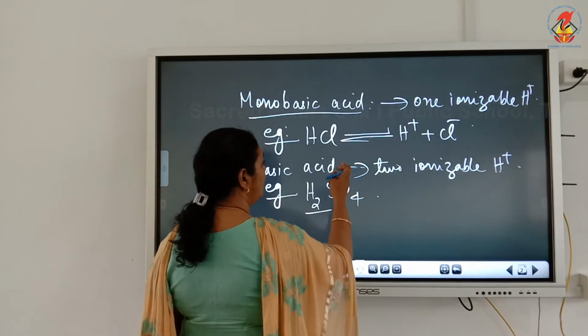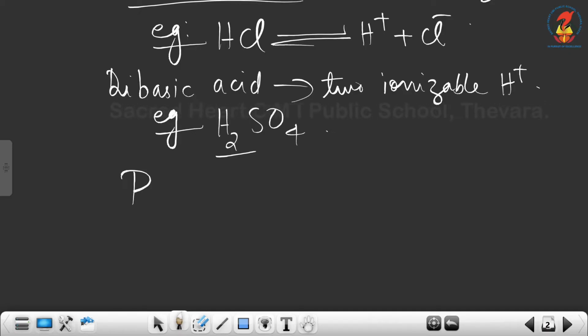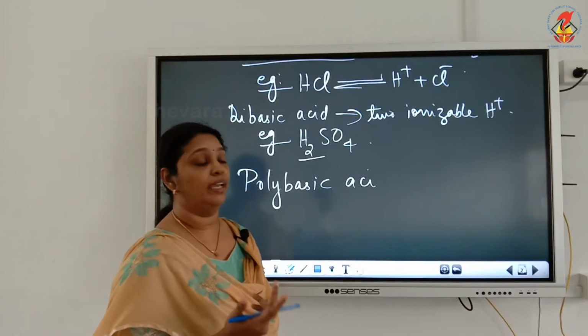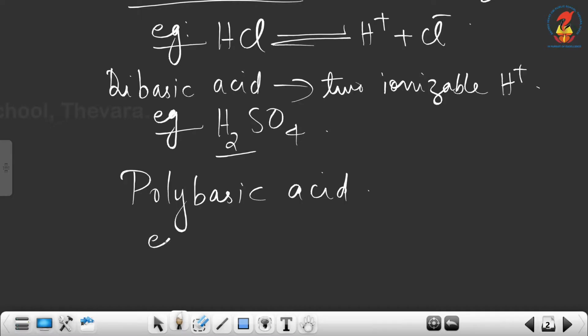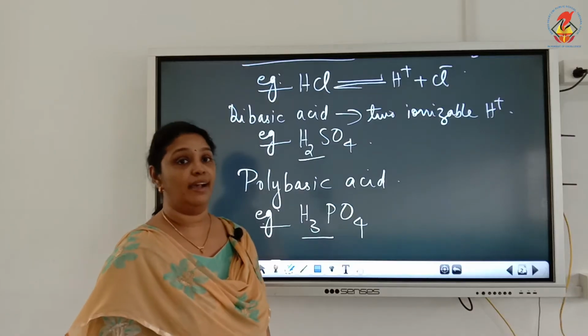Now we have polybasic acid. Polybasic acid means two or more than two ionizable H+ ions. For example, H3PO4. It's a polybasic acid because there are three ionizable H+ ions.